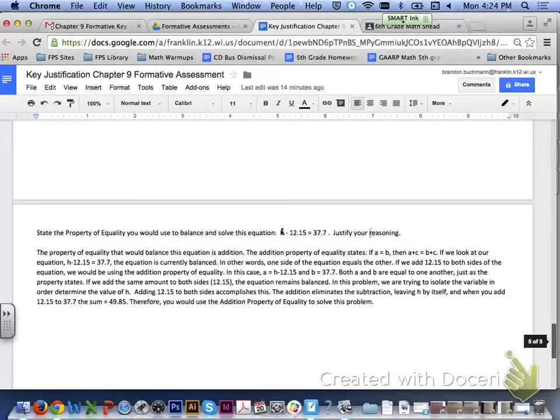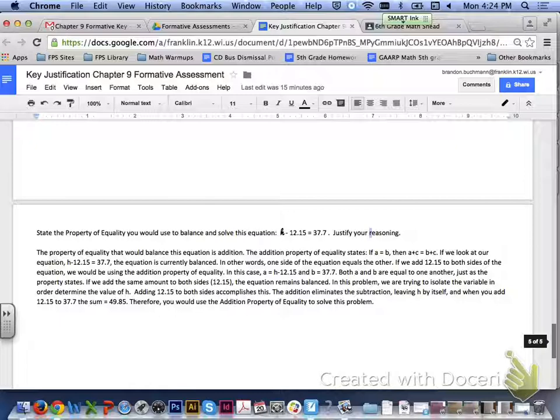The property of equality that would balance the equation is addition. The addition property of equality states if A equals B, then A plus C equals B plus C. If we look at our equation, h minus 12 and 1500ths equals 37 and 7/10, the equation is currently balanced. In other words, one side of the equation equals the other.